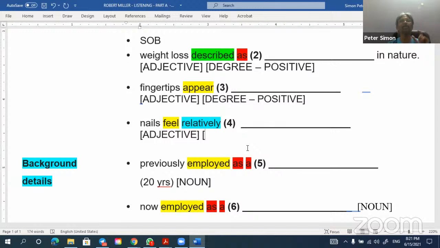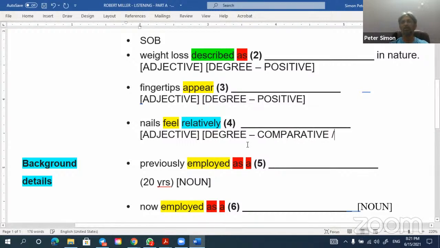Most likely comparative, because relatively. Nails feel relatively softer than before, softer than bones, like that. Comparison. Relatively, with relation to something else, earlier or now. So most likely the degree may be comparative degree, but chances are there for positive also. Most likely comparative, that's why I gave it before, because relatively.